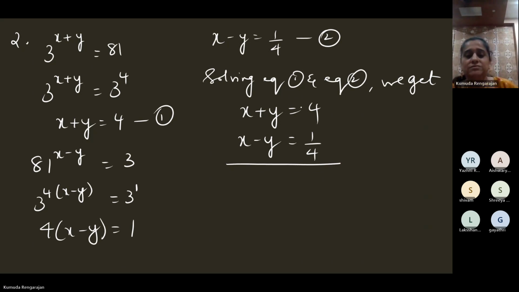Now here, when you write the equations one below the other, you see that plus y minus y gets cancelled. So we'll add the two equations. If you're subtracting the two equations, you will change the signs of every term in the second equation, the bottom equation.